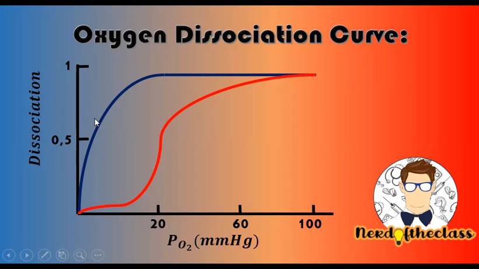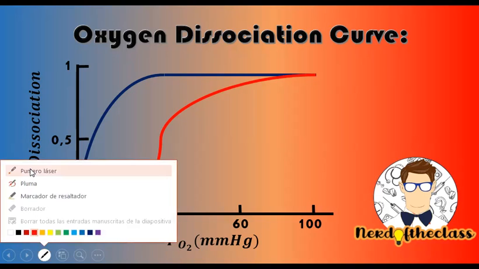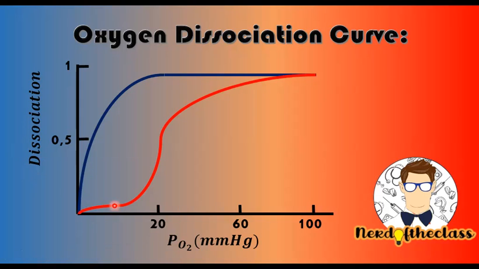The myoglobin has an exponential or logarithmic growth. Why is it exponential? Because it's really fast at the beginning, with low pressure of oxygen. Completely, we will have this completely saturated, completely dissociated.